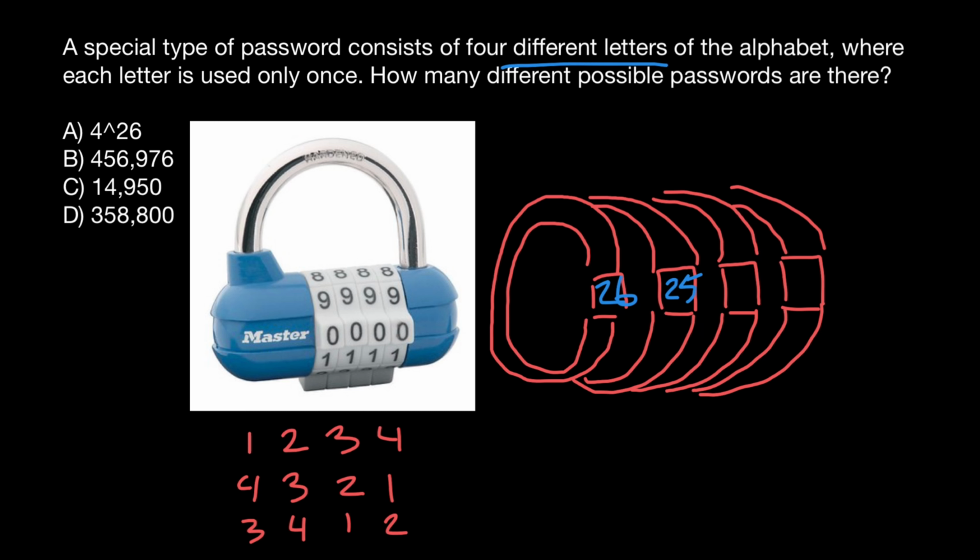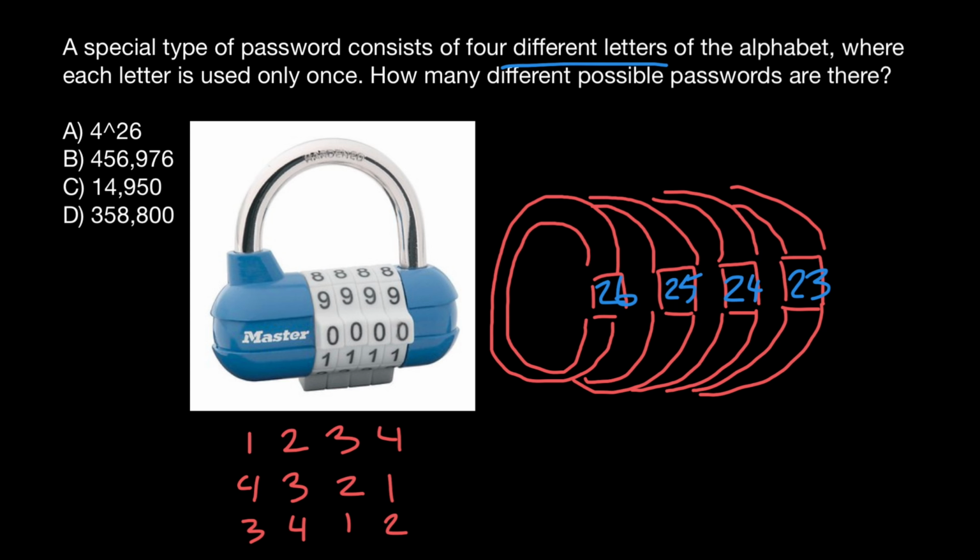For the 3rd position, it can be any letter out of 26 except the 2 letters which we already chose for the first 2 positions. So we will have 24 variants here. And of course 23 variants here, because we can choose out of 26 except 3.